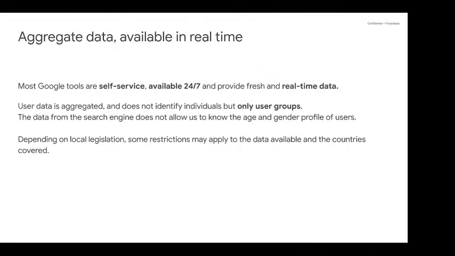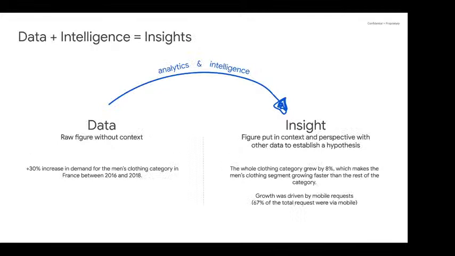And again, in some cases, depending on local legislation, we do apply some extra restrictions to different products depending on which country a user is based in, and that's clear with, for example, GDPR, that Google is also compliant with. It applies to certain countries and regions, and that's how we customize our products too. So those are 3 key themes why these tools are helpful and where the data is coming from.